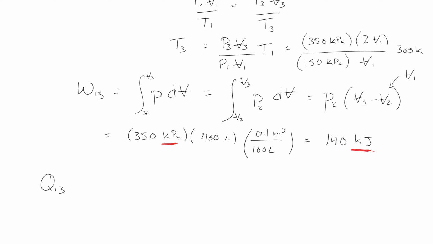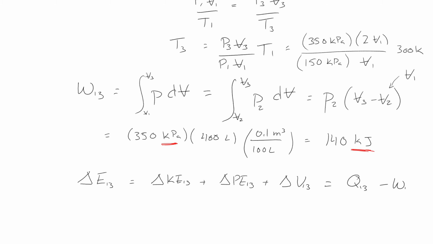All right, so let's go ahead and consider the change in energy of my system from 1 to 3. So that'll be delta KE 13 plus delta PE 13 plus delta U 13, and that's of course equal to Q13, which is what I'm looking for, minus W13. Okay.